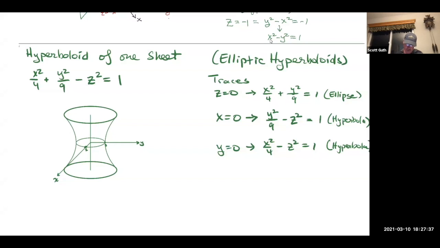Okay, so that hyperbola is supposed to be y squared over 9 minus z squared equals 1. This guy right here. Let me do a different color there.